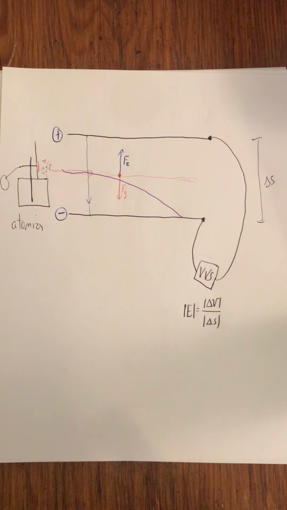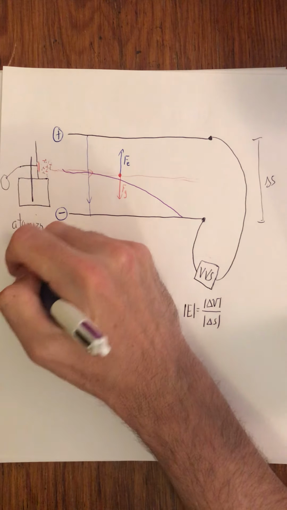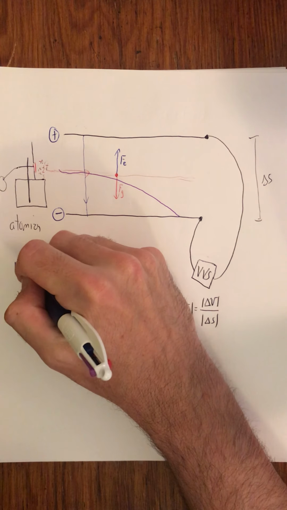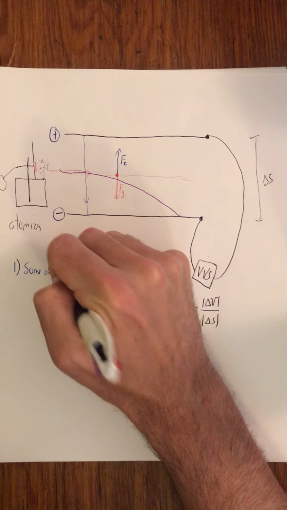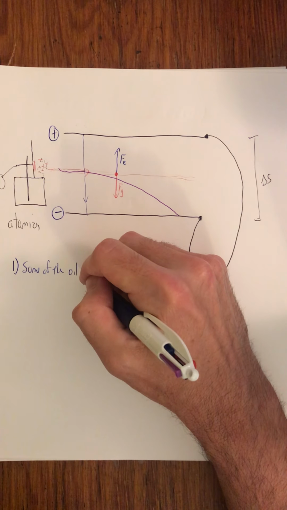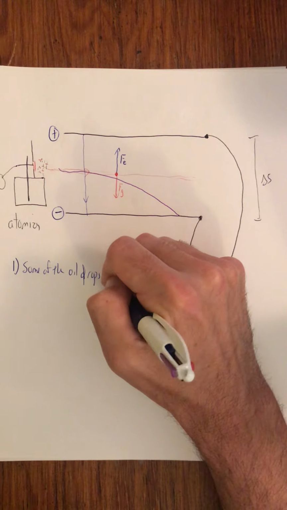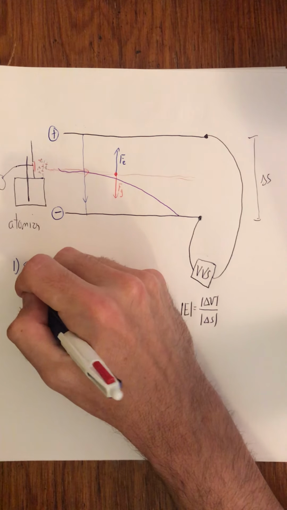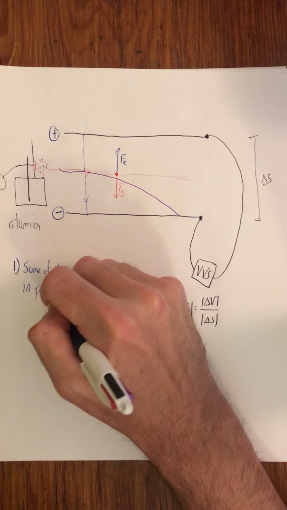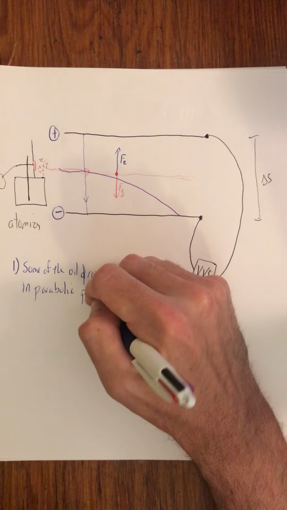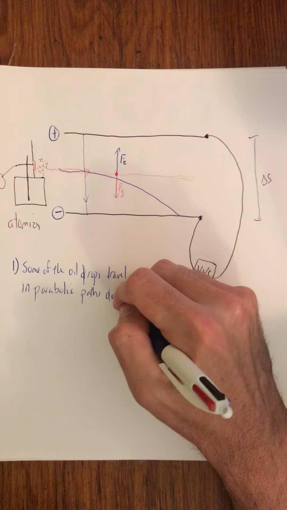So here's the thing. What we're going to do here is we're going to shoot oil particles in here. And when you do that, you actually shoot several hundreds to thousands of them. And what you notice when you do this, and this is the first observation, is that some of the oil drops travel in parabolic paths downward, right?